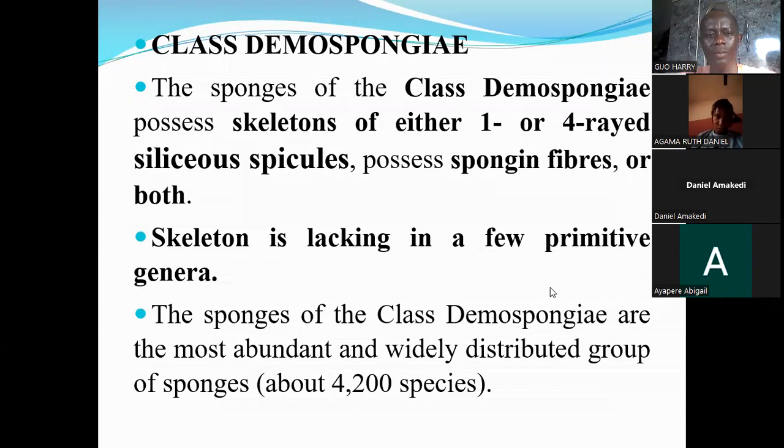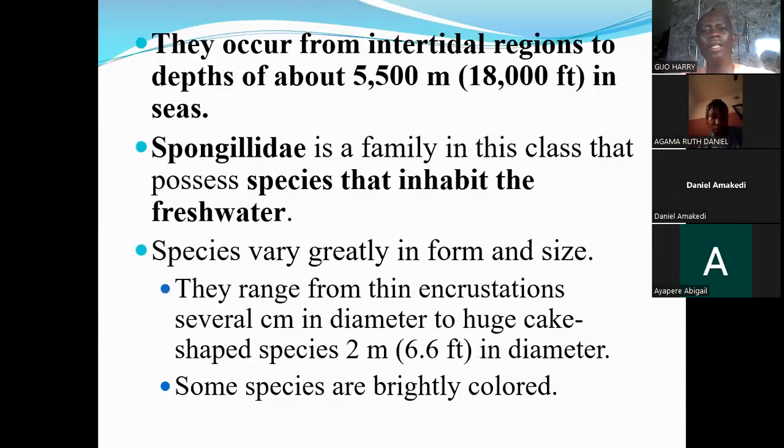The skeleton is lacking in a few primitive species. This class has about 4,200 species.